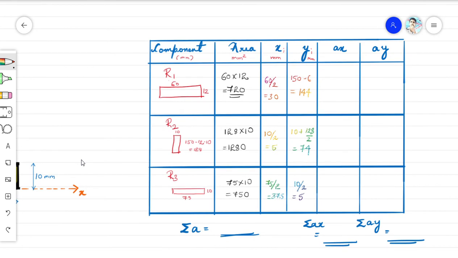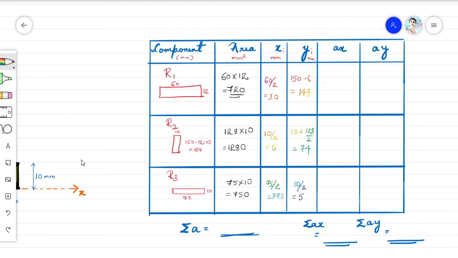So what we do now is a simple mathematical cross multiplication. 720 into 30 here, 720 into 140 over here, 1280 into 5 over here, 1280 into 74 over here, 750 into 37.5 over here, 750 into 5 over here. This is basic mathematics, you can do it by yourself.